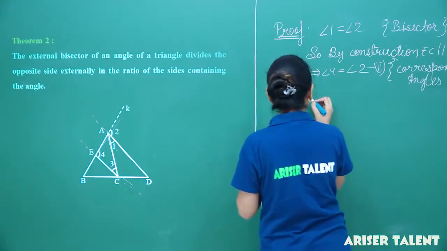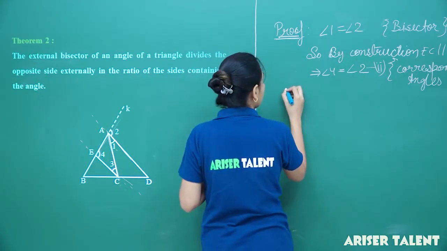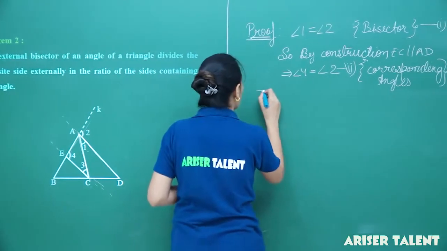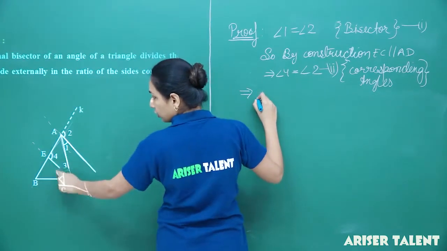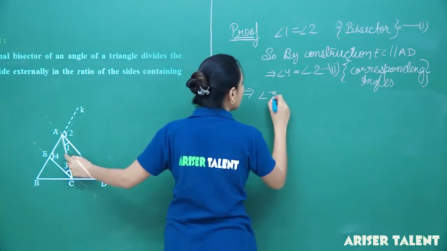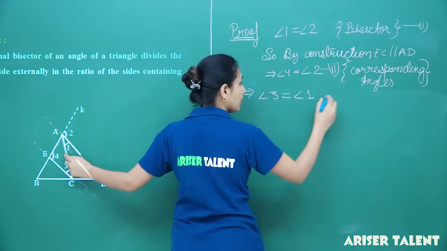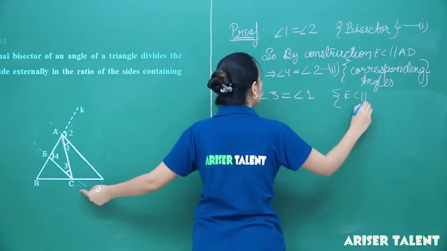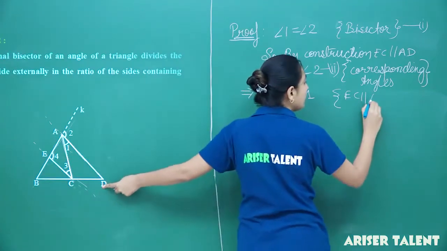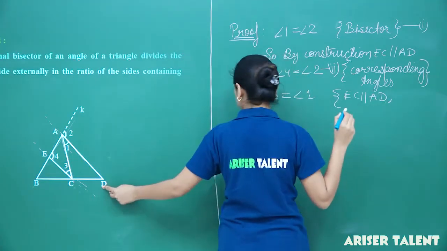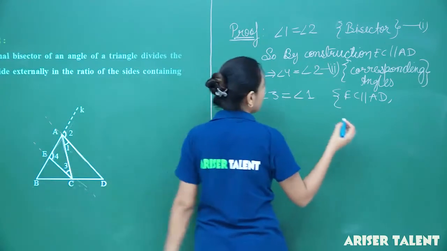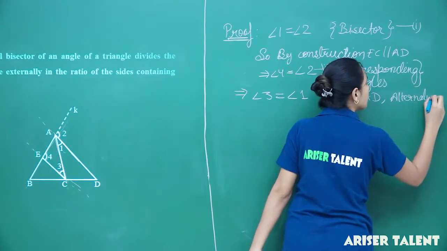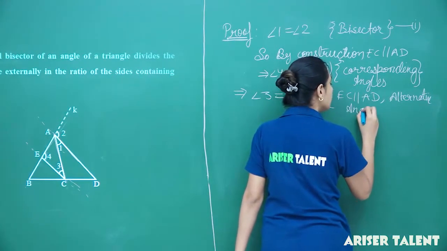So, you can write angle 3 is equals to angle 1. Why? Because EC parallel to AD. So, they are what? 3 and 1 alternate angles. Right, students?